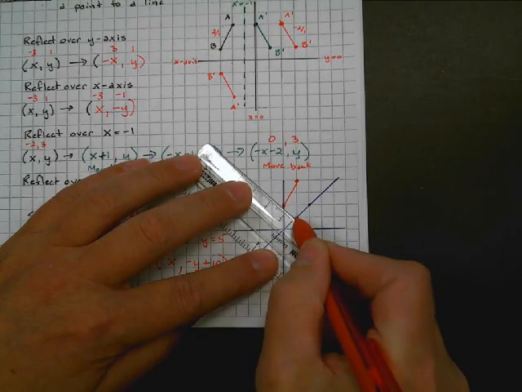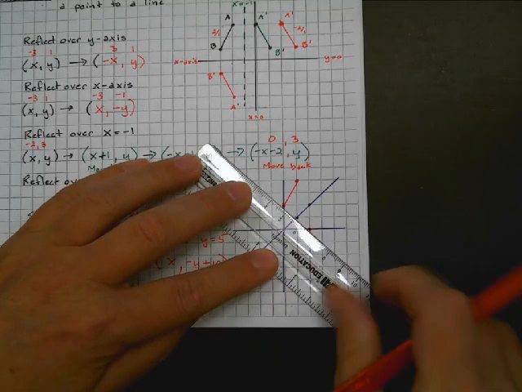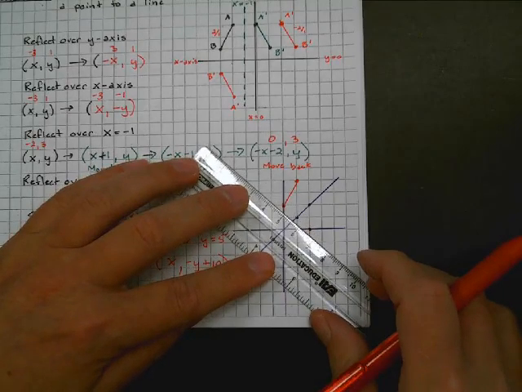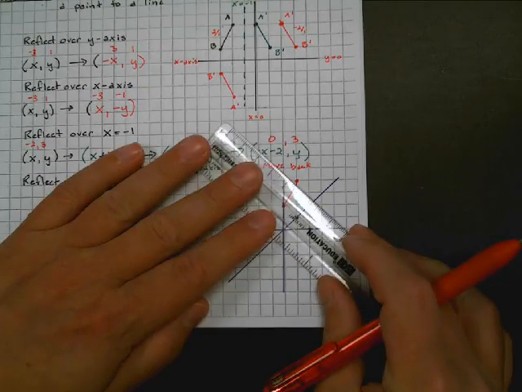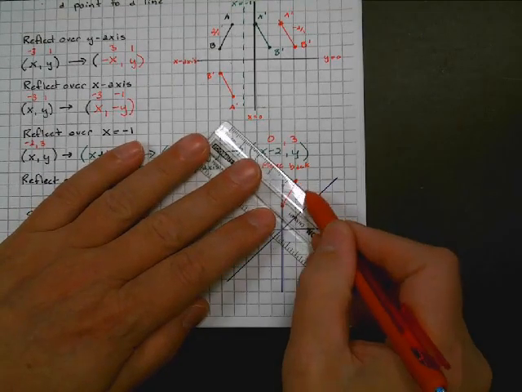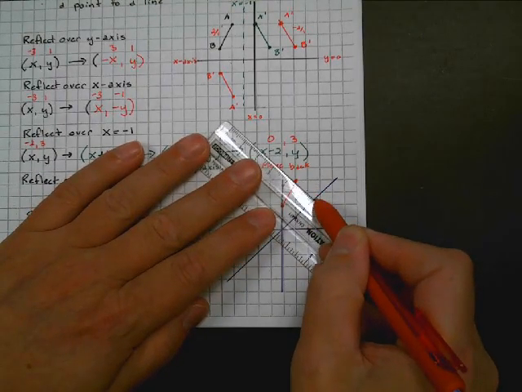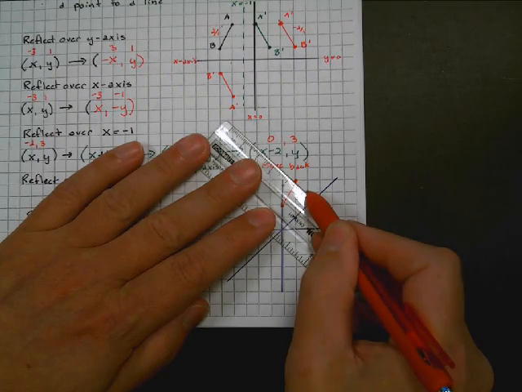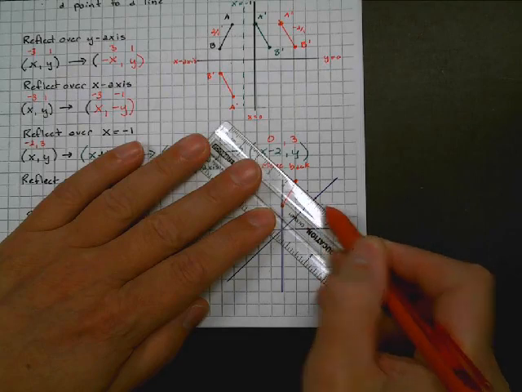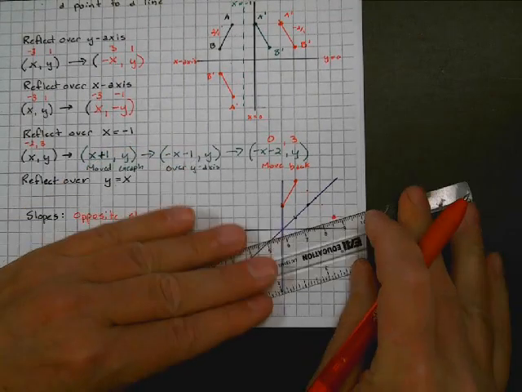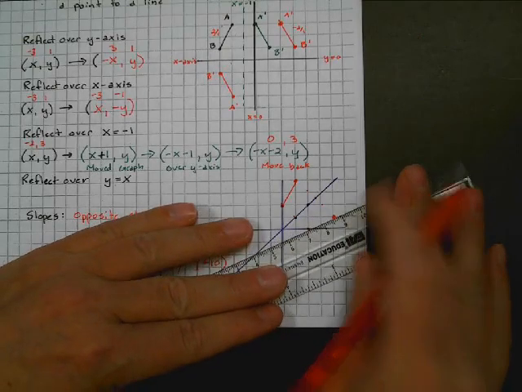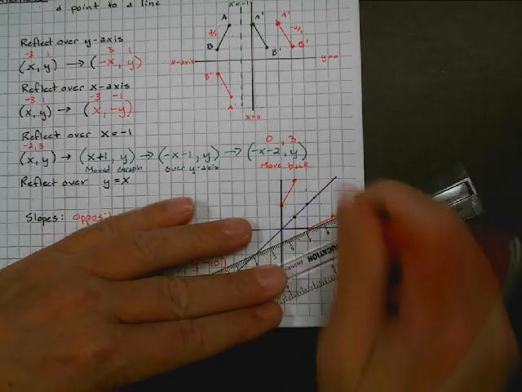You know, we all know this is root 2, and if you don't, you're in MathCounts, you're going to learn that eventually. So root 2 to here, root 2 to there. Over here, this is root 2 and a half, so it's 3/2 of root 2. So here, root 2 and a half, so I'd go that far right there. And now I've reflected it across that line. Boom, boom, boom.